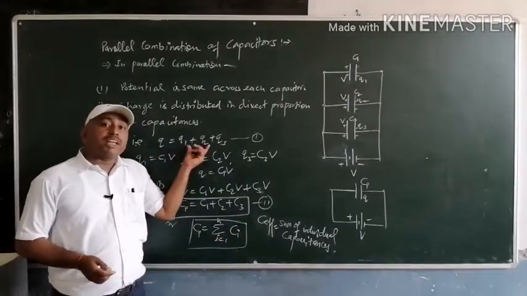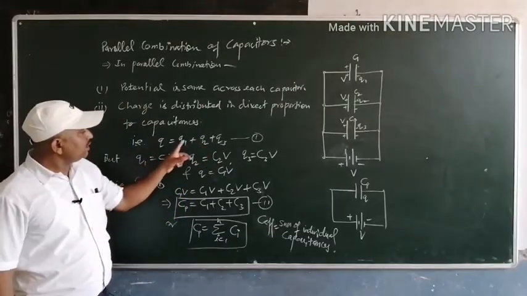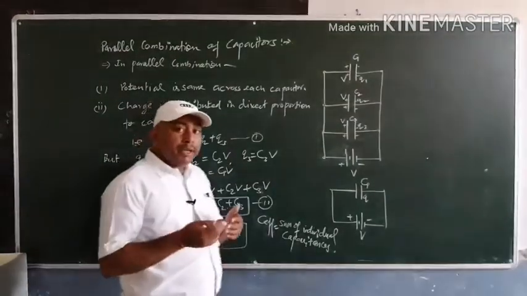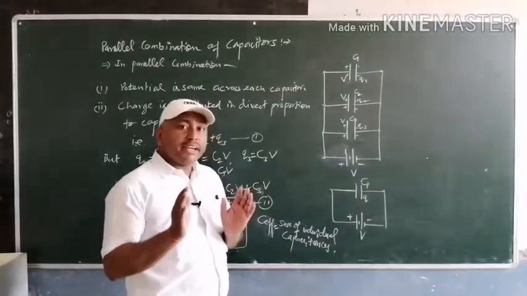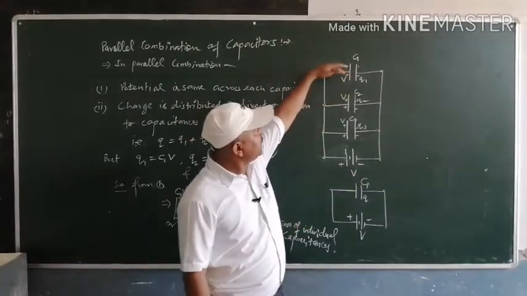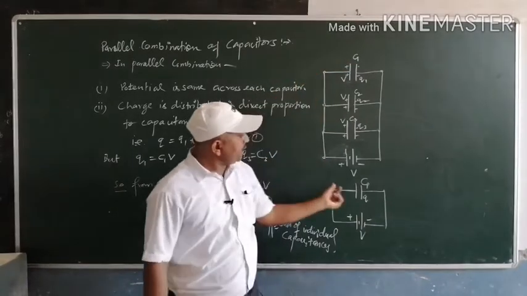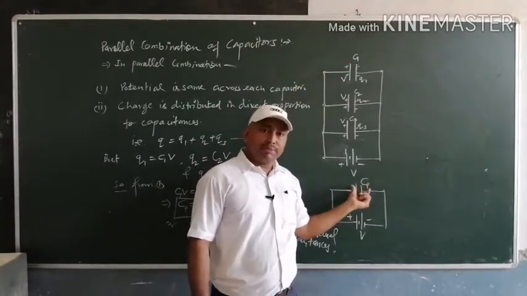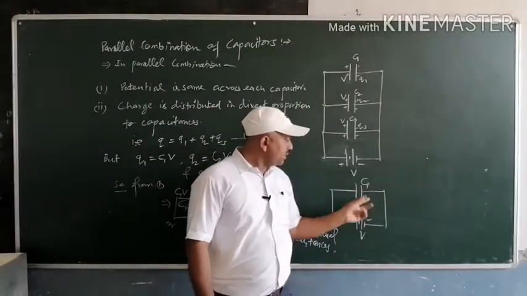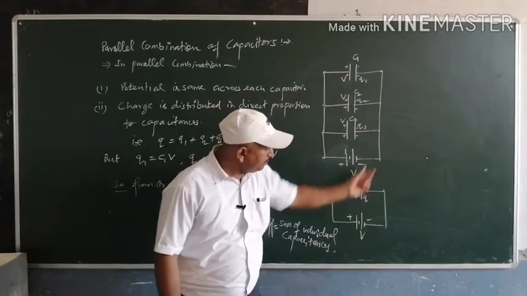Then the total charge stored in the capacitors will be equal to the total charge supplied by the cell. That means Q equals Q1 plus Q2 plus Q3. Q is the net charge supplied by the cell. Suppose the capacitors are replaced by a single capacitor Cp, the parallel combination of the capacitors.